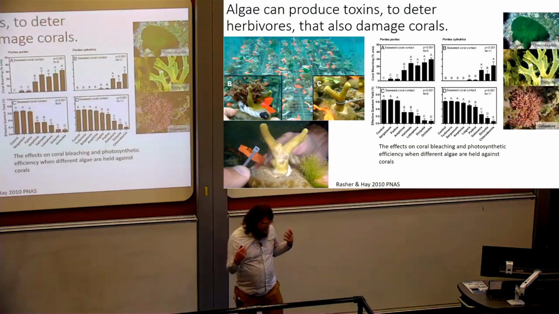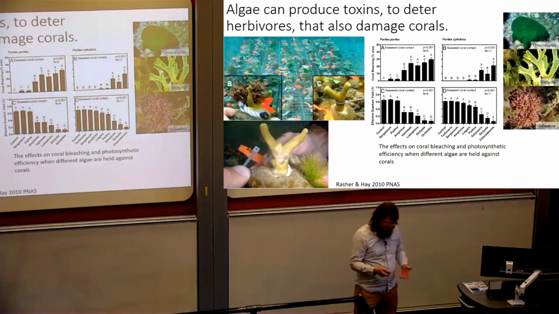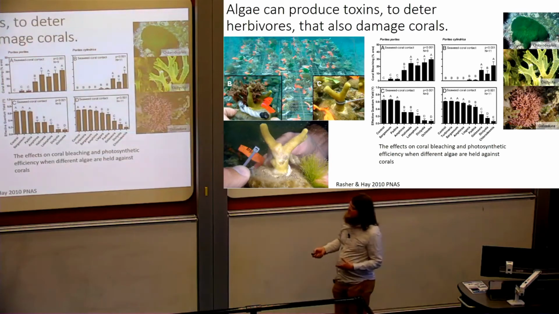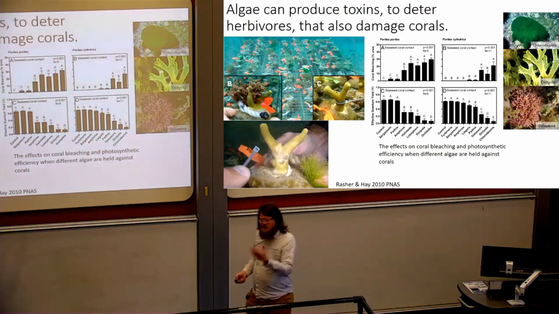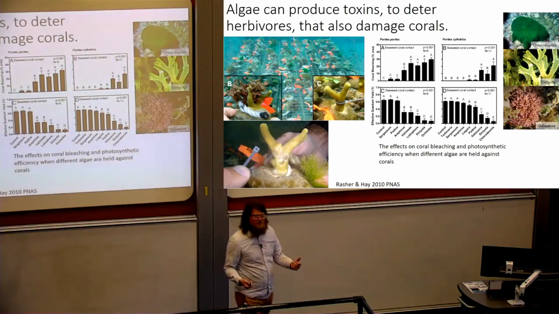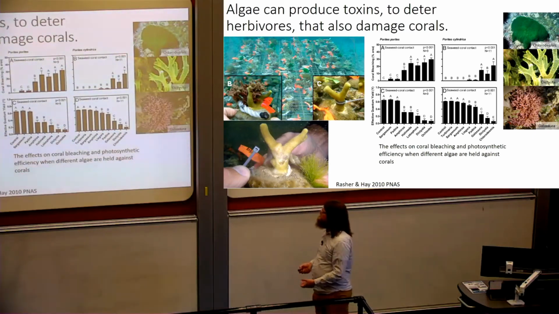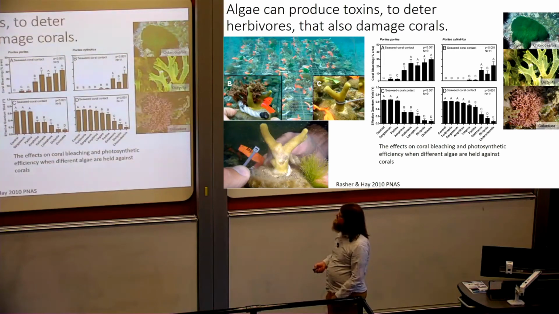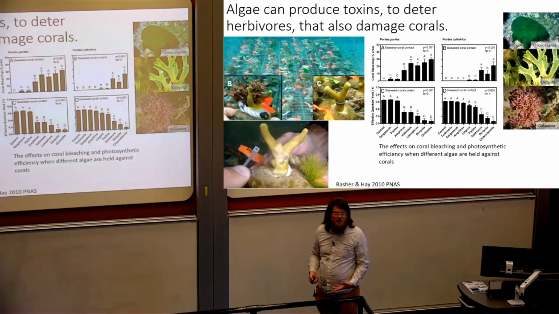But there's more going on than just smothering and cutting out the light. Quite a lot of these algae, basically seaweed, produce toxins to stop them being eaten by fish, because if you're an algae, you don't want to be eaten by fish, because then you just become fish poop. And it turns out that those toxins are also harmful to corals.